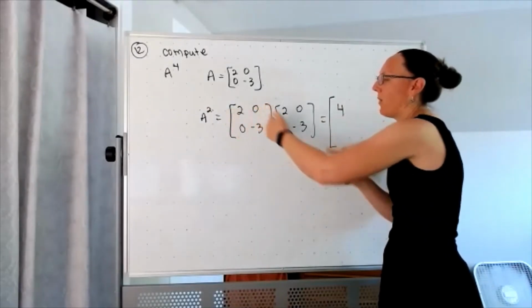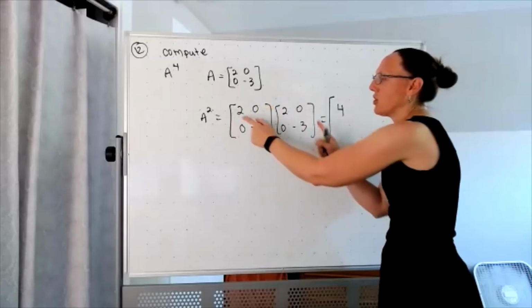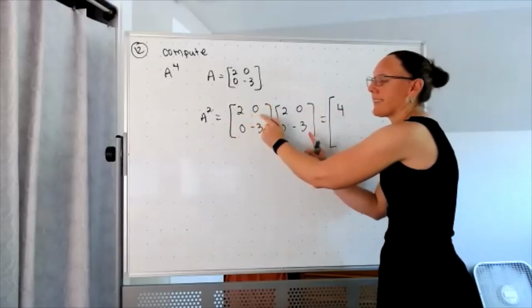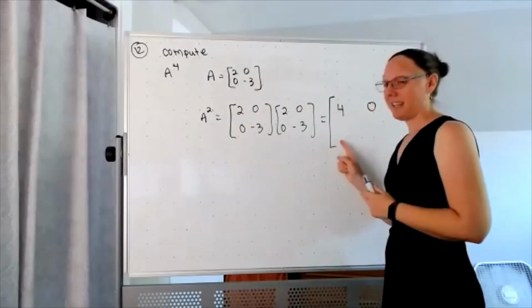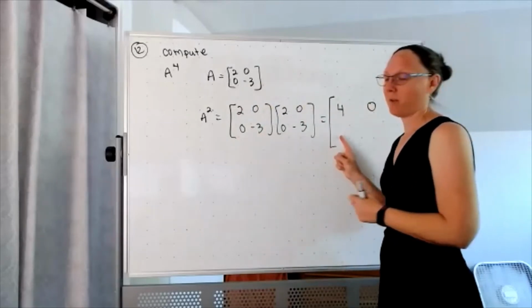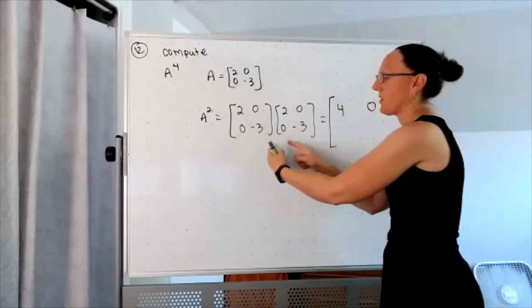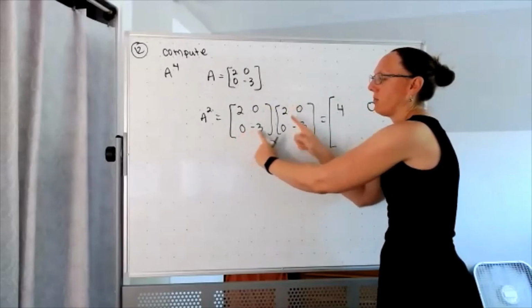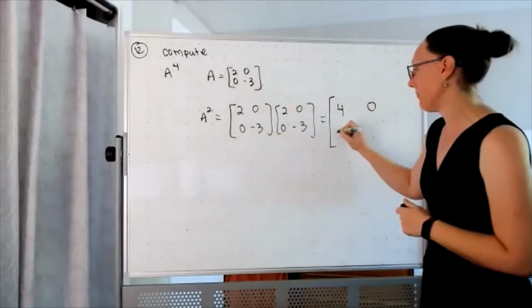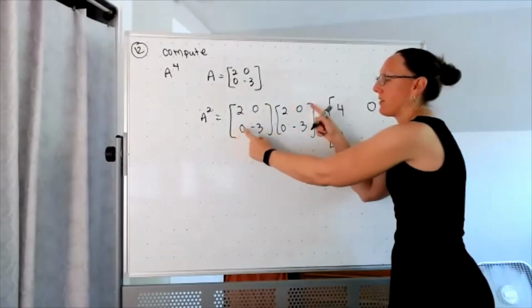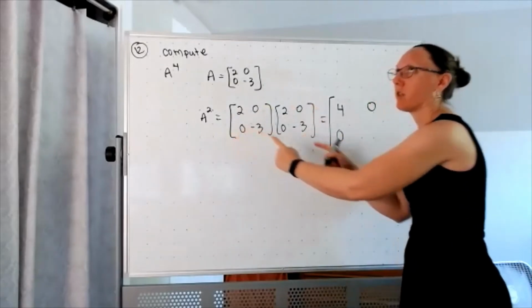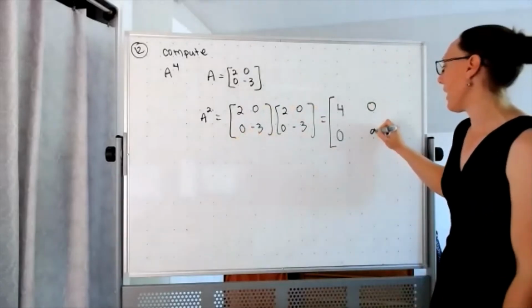So I'd take row 1 times column 2. 2 times 0 plus 0 times -3. This element is in row 2, column 1. So I need row 2 times column 1, 0 times 2 plus -3 times 0. Last, row 2, column 2, 0 times 0 plus -3 times -3, which would give me 9.